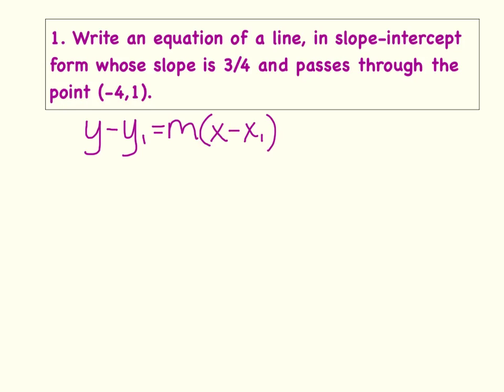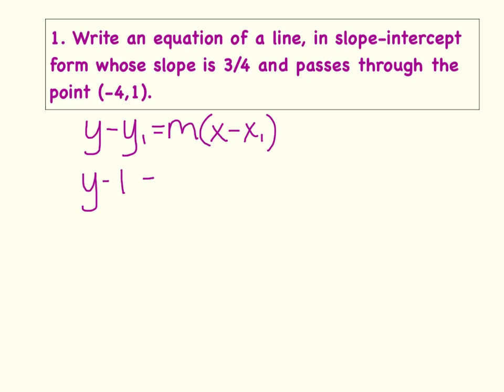Now, remember, in this problem, the point -4, 1, the -4 represents the x1 and the 1 represents the y1. So all we have to do at this point is plug the numbers in. So here we go. I have y minus 1. Now remember, minus is part of the formula, and so I'll show you when we get to the x's.